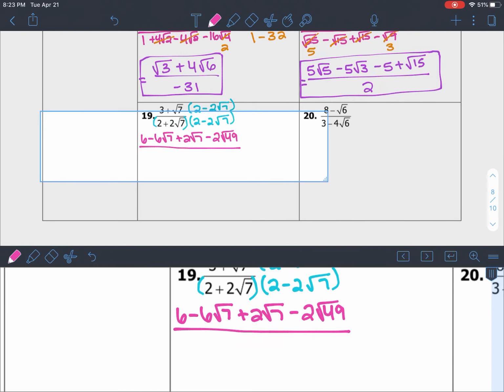And on the bottom, we're going to have 4 minus 4 the square root of 7 plus 4 the square root of 7 minus 4 the square root of 49.